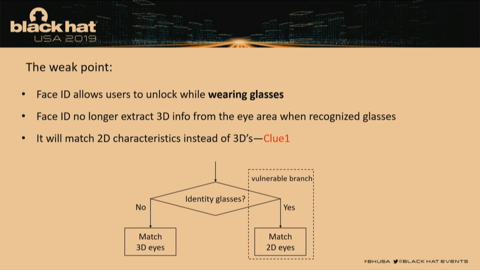After some research, we found some weak points. Face ID allows the user to unlock the phone when they are wearing glasses. But in this situation, if you are wearing glasses, it won't extract the 3D information, and it tries to match 2D characteristics instead of 3D. So that's clue one. In this case, we can get the algorithm to match the 2D eyes.